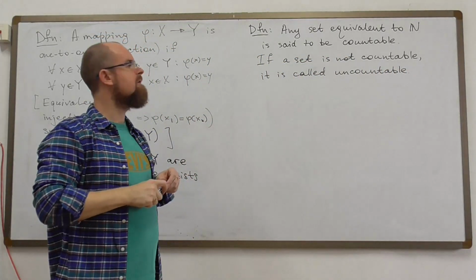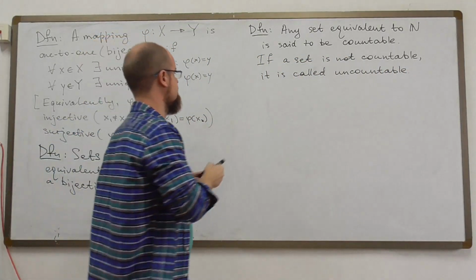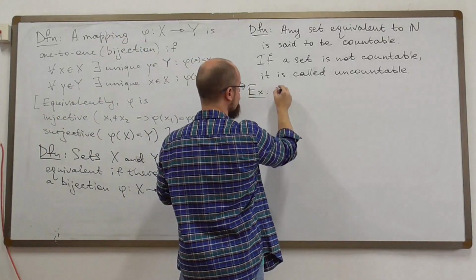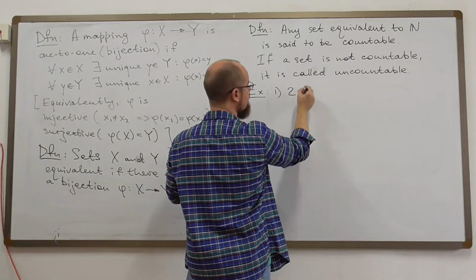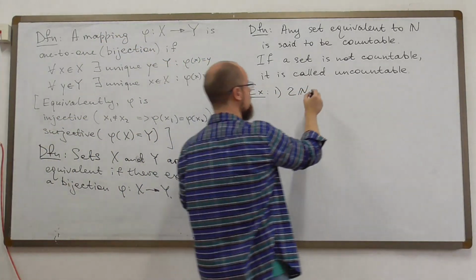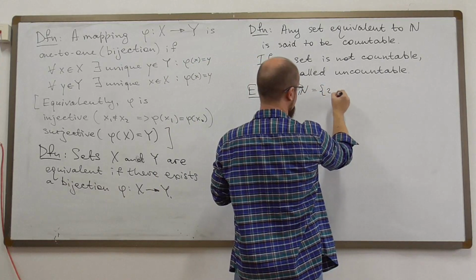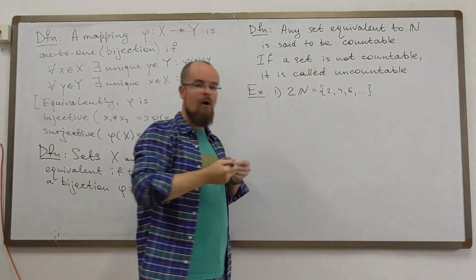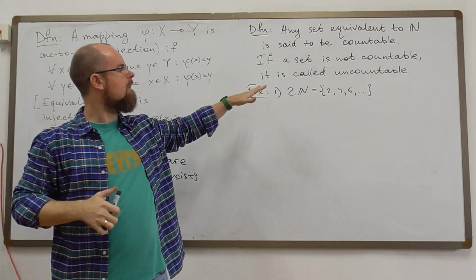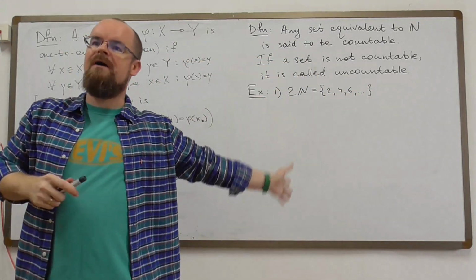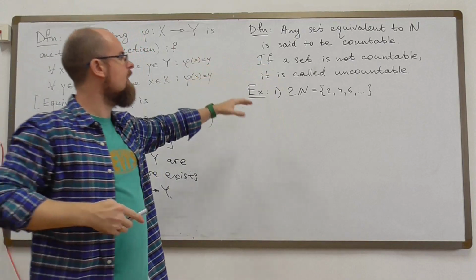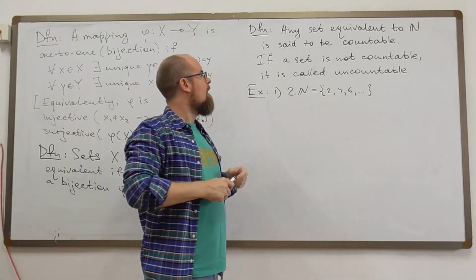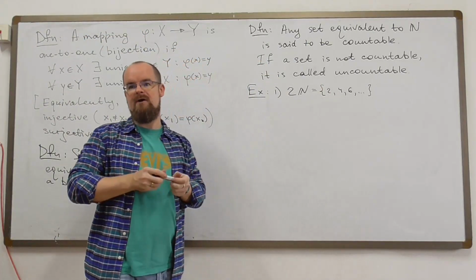Let's consider several examples of countable sets. The first example is the set of all even numbers. Although it might look like there are twice as many natural numbers as there are even numbers, in fact they are equivalent.